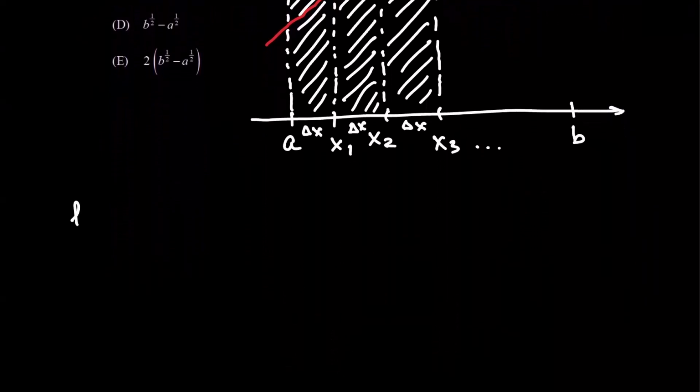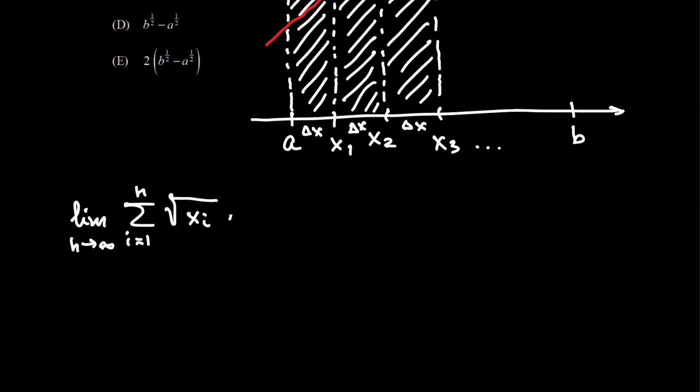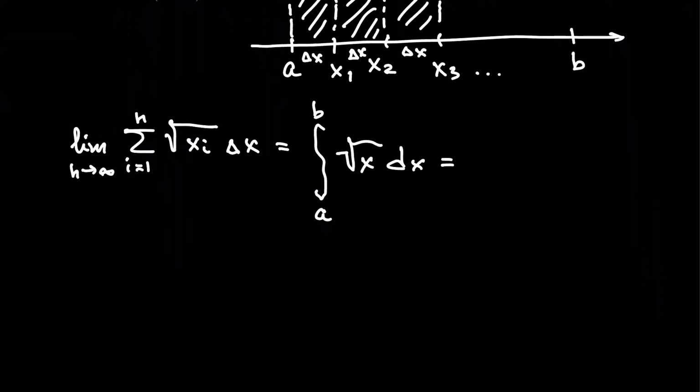So the limit as n goes to infinity of the summation i equals 1 to n of the square root of xi delta x is equal to the integral, and the limits of integration here are a and b, of f of x, which is the square root of x, dx.